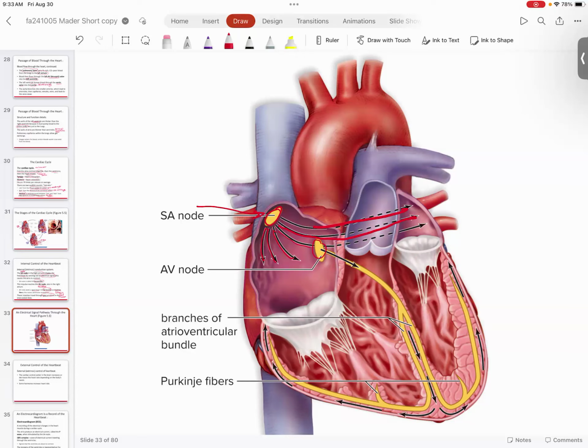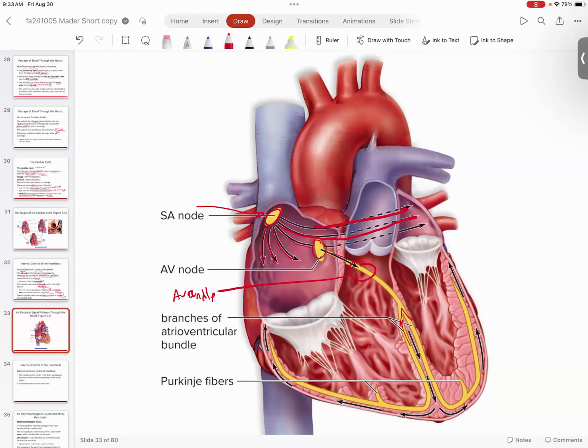So this is the AV bundle right here. It starts off in the right atrium, and then it enters into the septum, this muscular wall separating right and left ventricle. As soon as it enters the septum, it divides into right and left bundle branches.